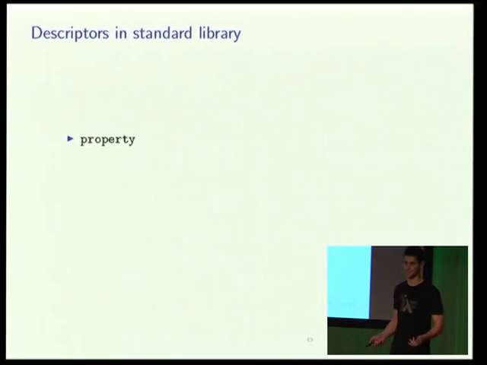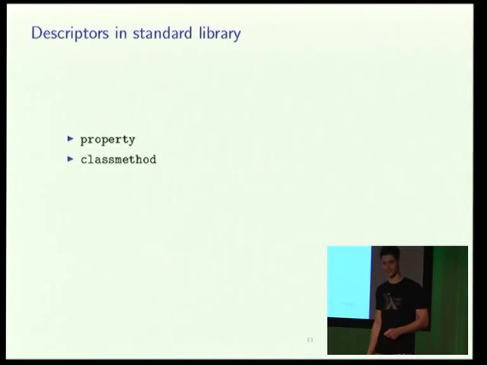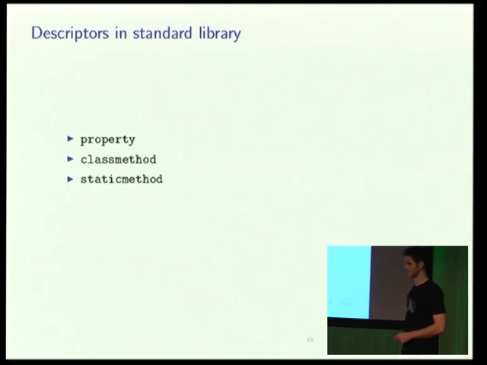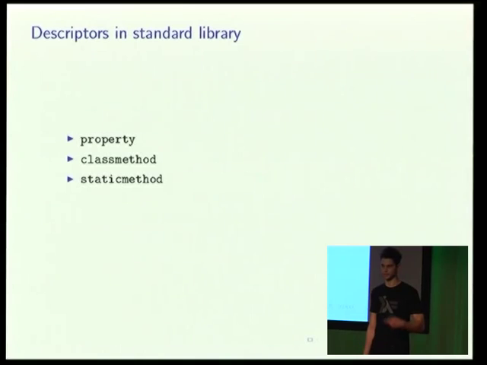So property is actually implemented using descriptors. There's also classmethod and staticmethod. In the case of classmethod, instead of having the object itself as the first argument to a method, the invocant, you can replace that with the class object.